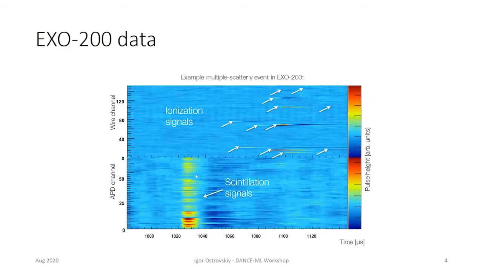And then the charge clouds, one or more of the charge clouds that are created by the interaction, will drift, so there will be a delay. And eventually they will deposit this charge on one or more charge collection wires. And here you can see several wires that are lighted up at different times. So what that tells you is that in this particular event, there were probably several charge clouds created. And that is characteristic of a gamma-like interaction.